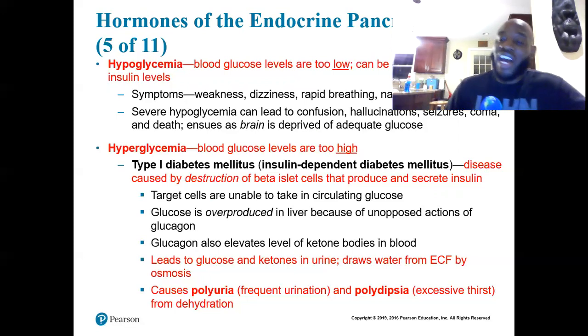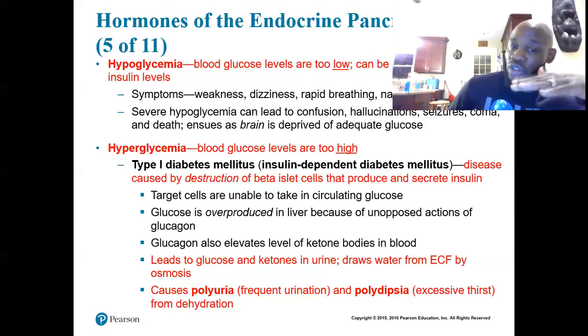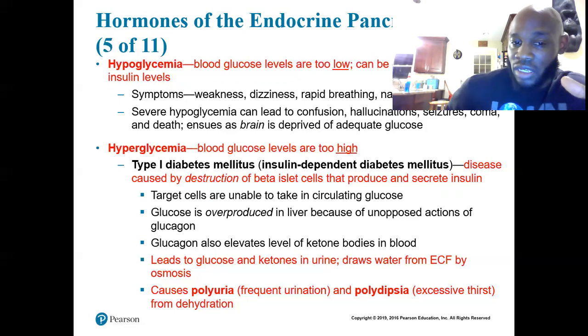Hyperglycemia, you have a high blood sugar, your blood sugar shoots up. That can be caused by things such as type 1 diabetes. Type 1 diabetes is a disease caused by the destruction of the beta islet cells that produce and secrete insulin. Remember, insulin is used to lower your blood glucose. So type 1 diabetes attacks, with destruction of those beta cells that produce insulin.